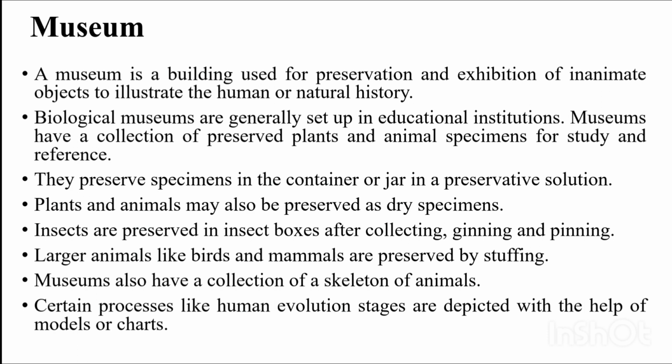Biological museums are generally set up in educational institutions, and museums have a collection of preserved plant or animal specimens for study and reference. They preserve specimens in a container in a preservative solution. Plants and animals may also be preserved as dry specimens. So it is the museum.